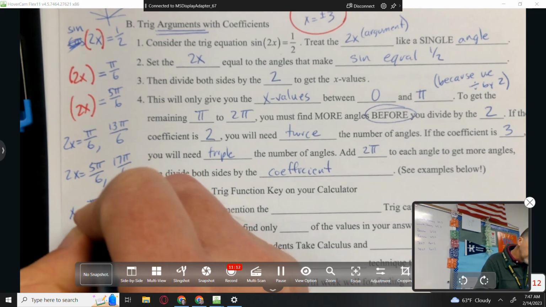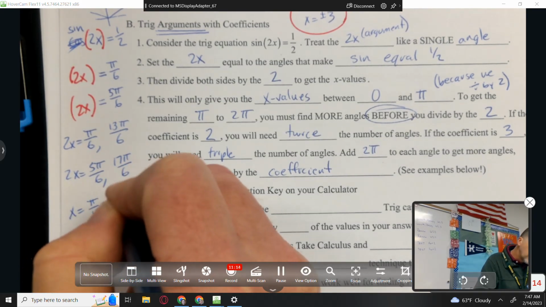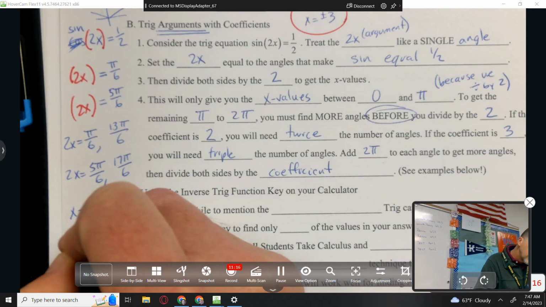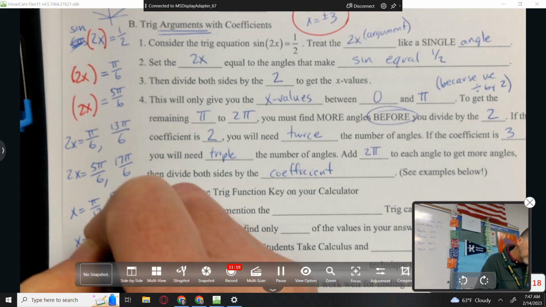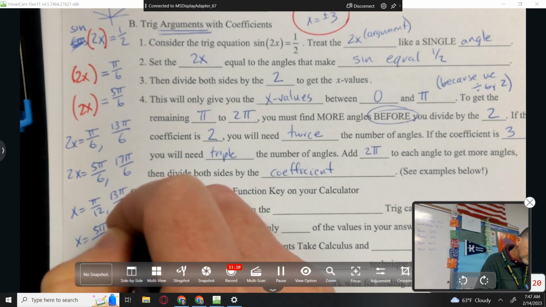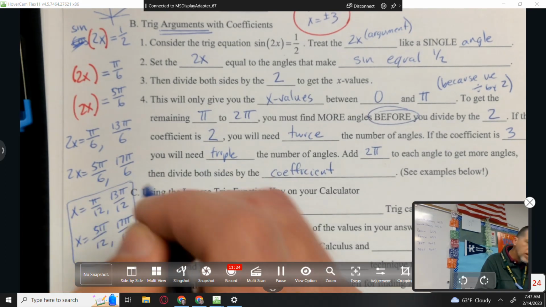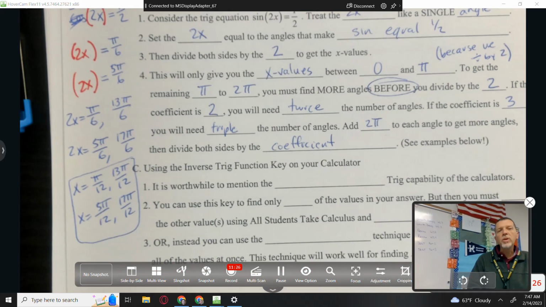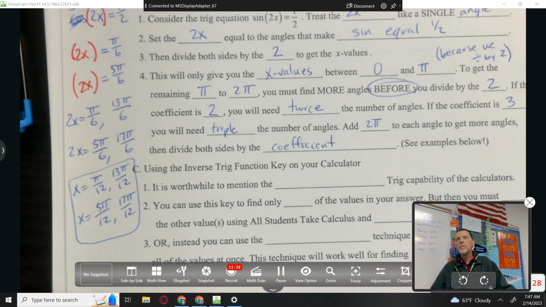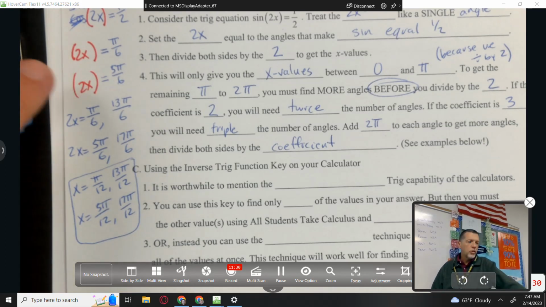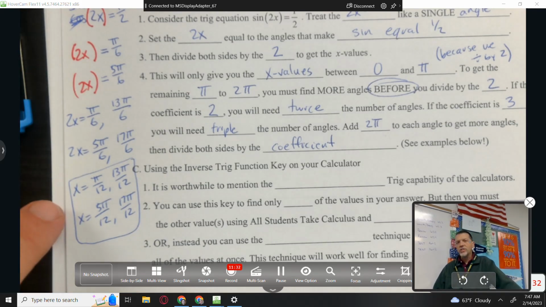So pi over 12, 13 pi over 12, 5 pi over 12, 17 pi over 12. So there's my answers between 0 and 2 pi. The 2x doubled the amount of solutions I had.